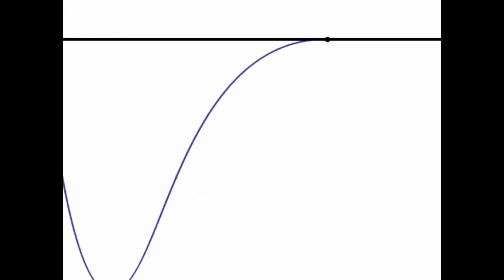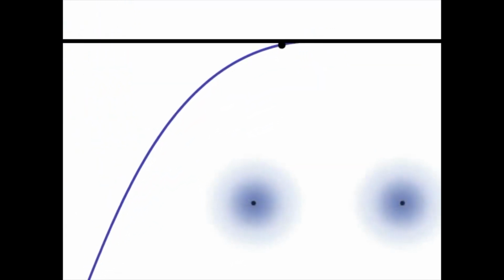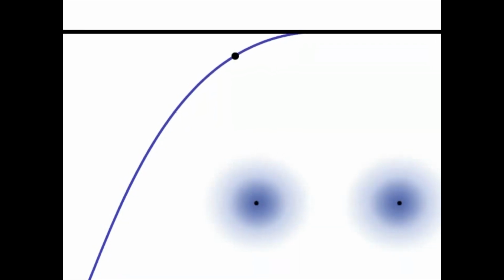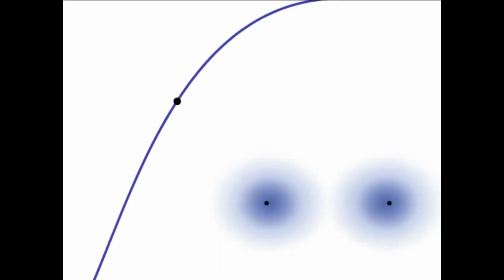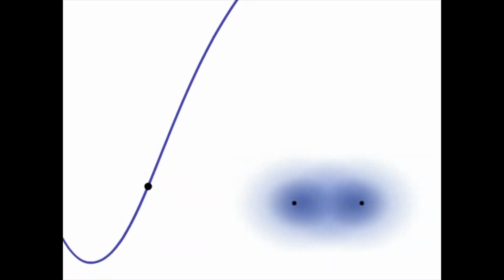Now let's zoom in closer to see the overlapping atoms in more detail. When the atoms are far apart, they do not feel each other. But as they come closer, the nucleus of one atom attracts the electron cloud of the other, and the attraction draws the atoms still closer. Note the increasing electron density between them.